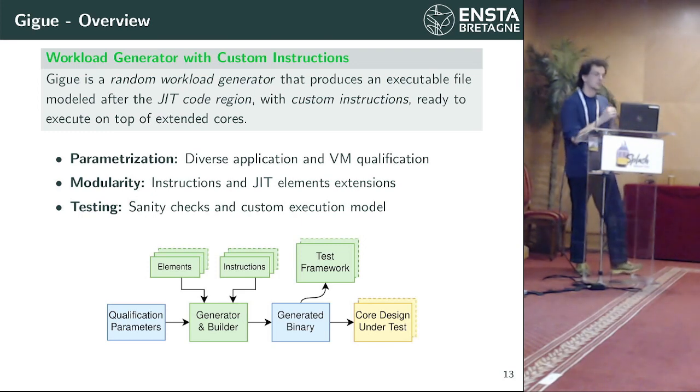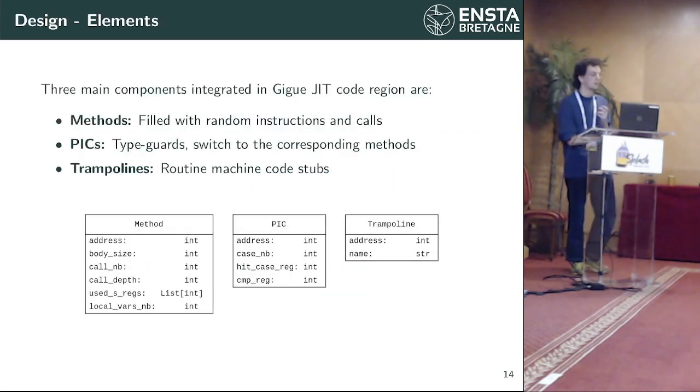It's modular in the sense that we'd like to extend it with custom instructions and with custom JIT code region constructs. And it makes heavy use of testing, so we have lots of sanity checks, and we have a custom execution model to validate the binary we generate before running it on the real or simulated hardware design.